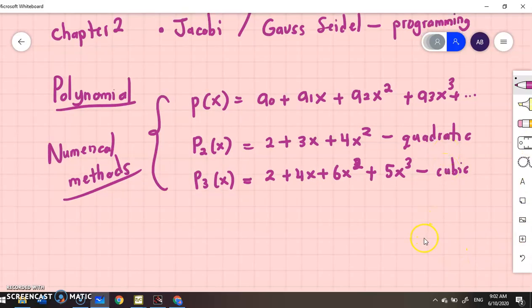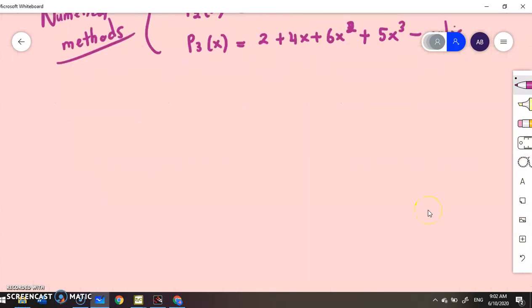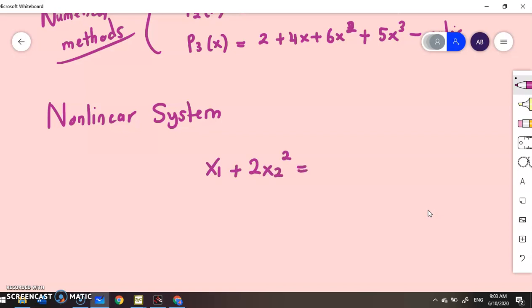Now, what if you have a nonlinear system? This is interesting. What is nonlinear? For instance, I have x1 plus 2x2 squared equals 5. Why is it nonlinear? Because of the degree 2 here. Now you can actually solve this if x1 is given.